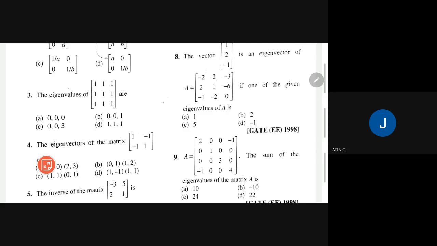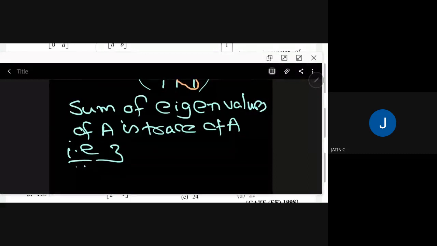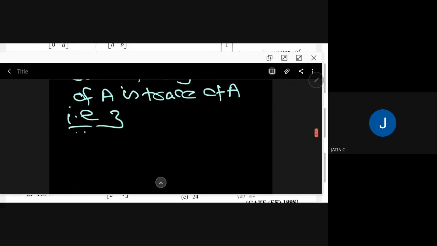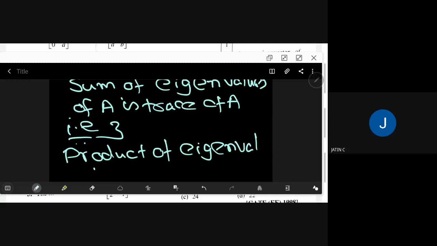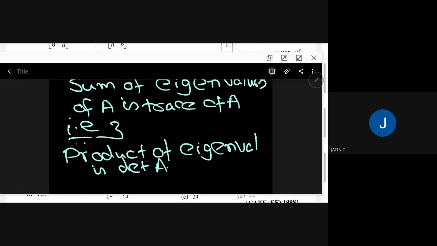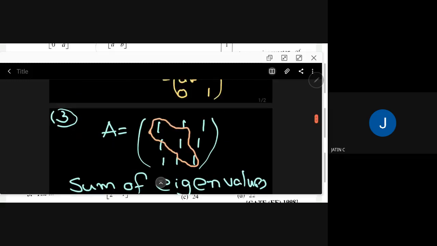See, there is another property which says that the product of eigenvalues is det A. Now if you look at det A here, there is a rule which says that if any two rows of a matrix are identical, then the determinant is 0.